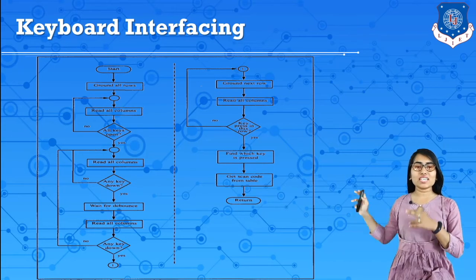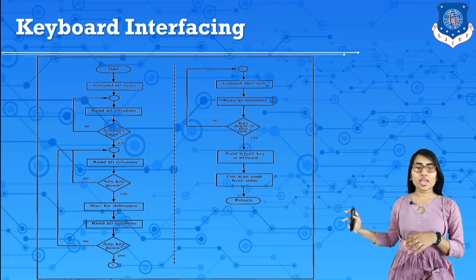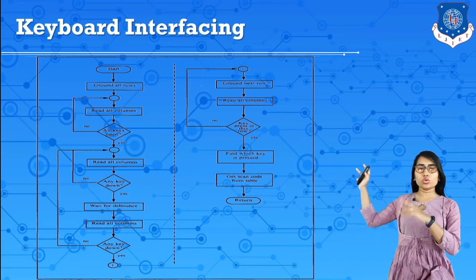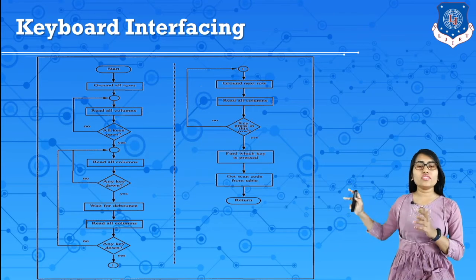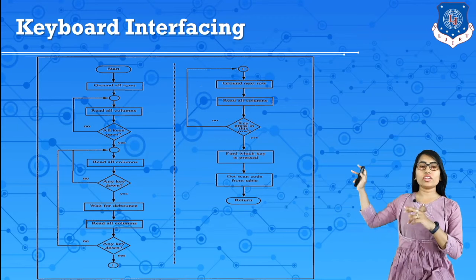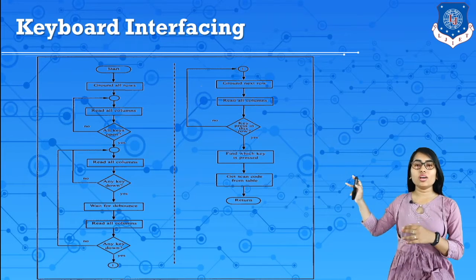If any key is down, then wait for debounce and read all the columns again; if no key is down, read all columns. After reading the columns, if any key is down, it goes on and grounds the next row.